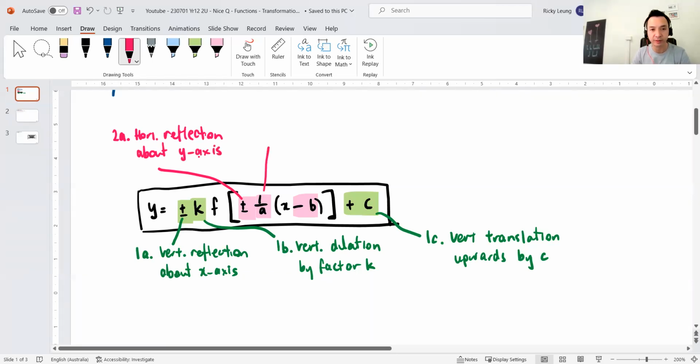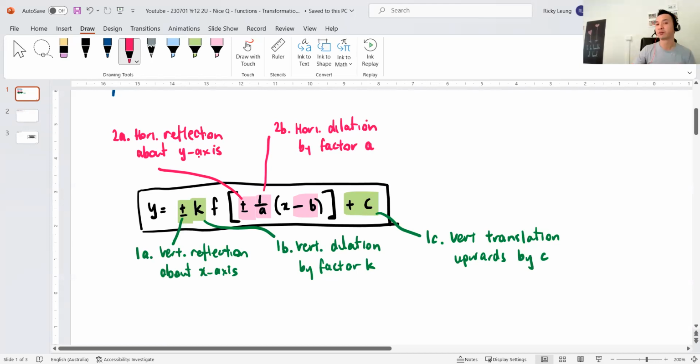This guy over here, 2B, that's a horizontal dilation. Now, what's important here, see that reciprocal, 1 on A. So if there's a 2 there, then the horizontal dilation is by factor of the reciprocal of 2, which is a half. Horizontal dilation by factor A, where A is on the bottom.